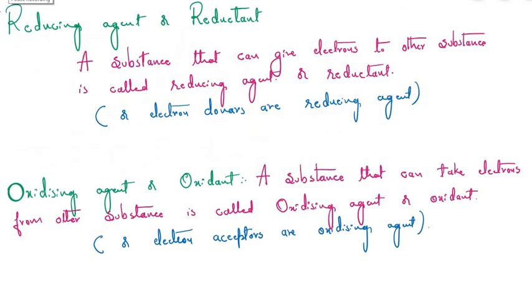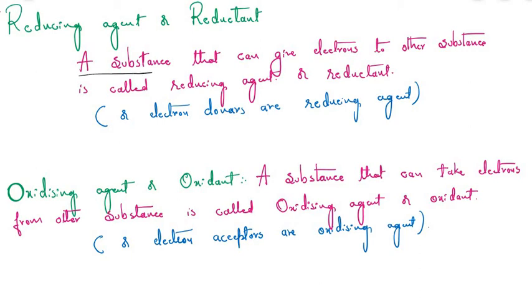Now we are going to study reducing agent or reductant and oxidizing agent or oxidant. These terminologies are very important. Now let us see that.